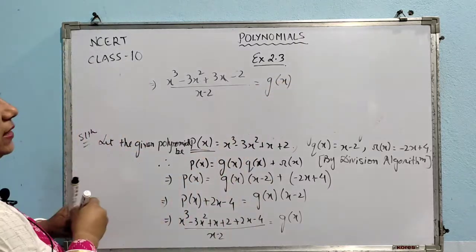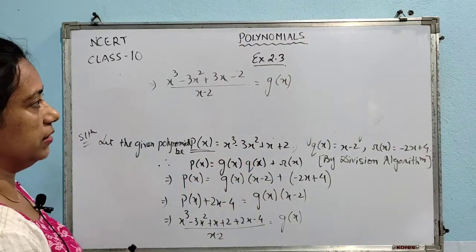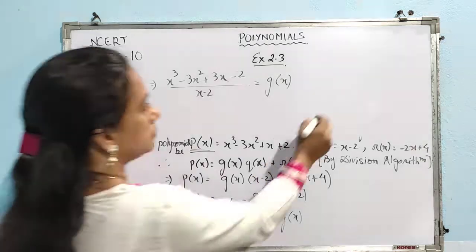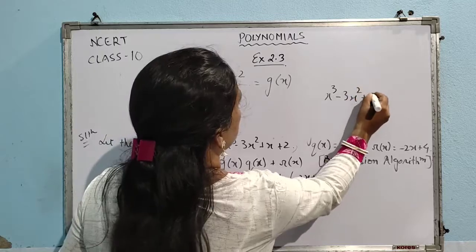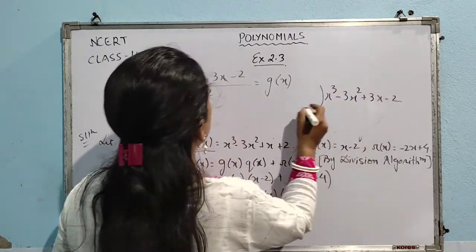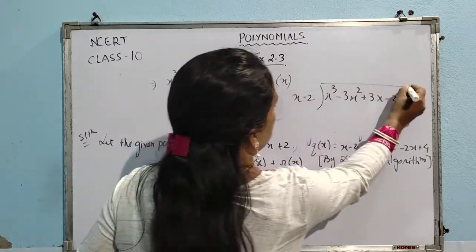Now just divide this by x minus 2 and we will get the value of g of x. So dividing it, x cube minus 3x square plus 3x minus 2 by x minus 2.